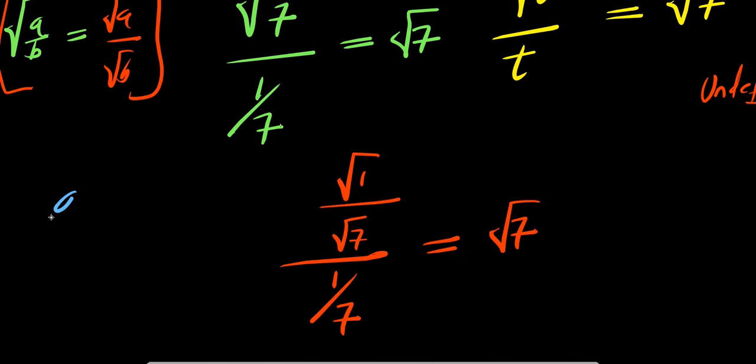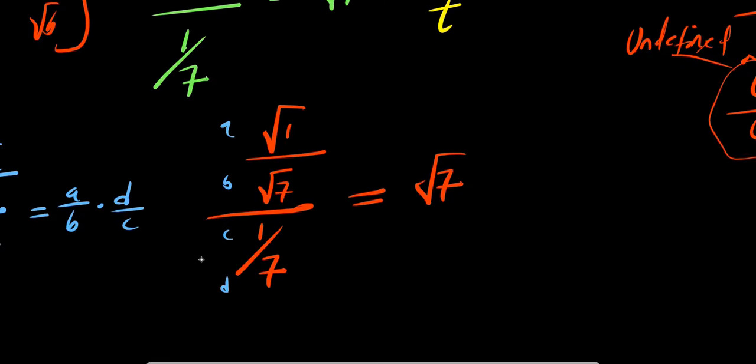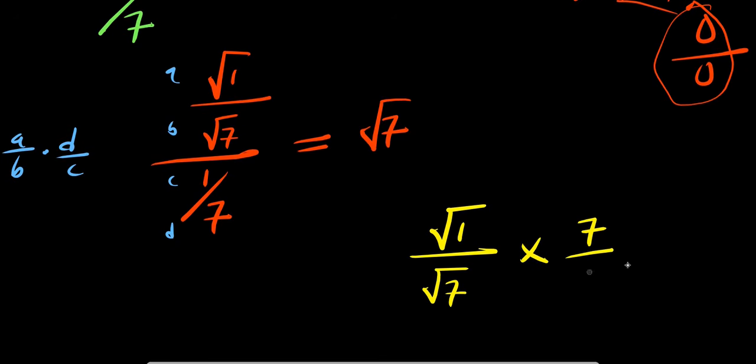Now, if you have a over b divided by c over d, this equals a over b times d over c. This is my a, b, c, d. So this will give us root 1 divided by root 7 times 7 divided by 1.